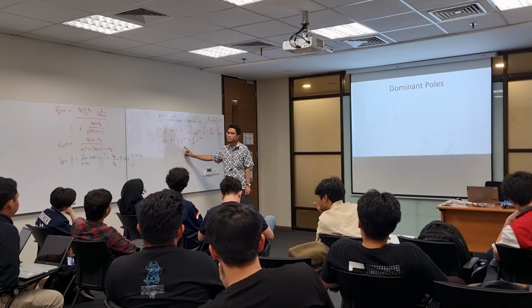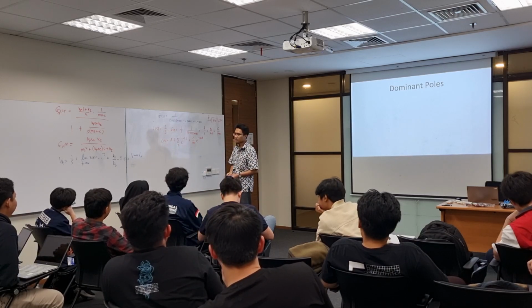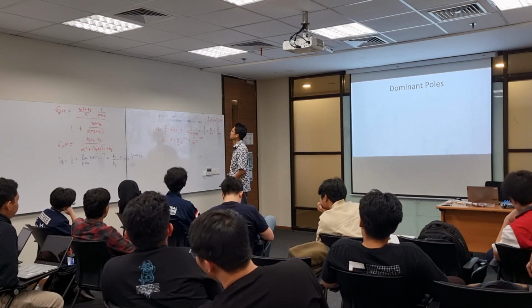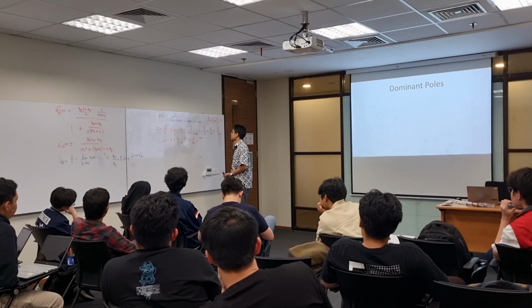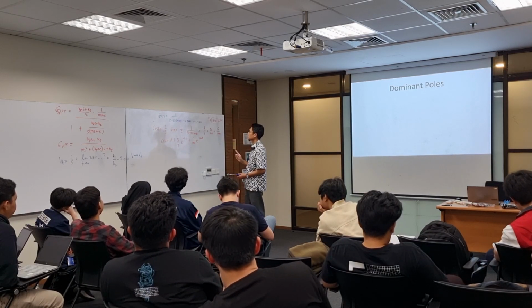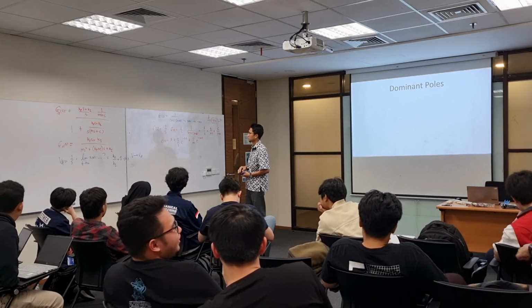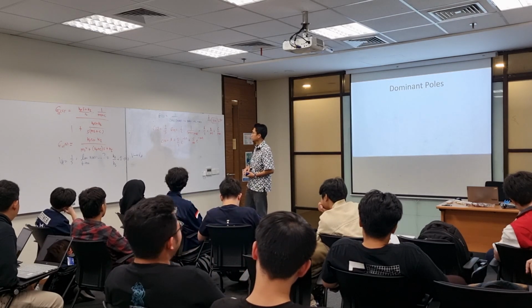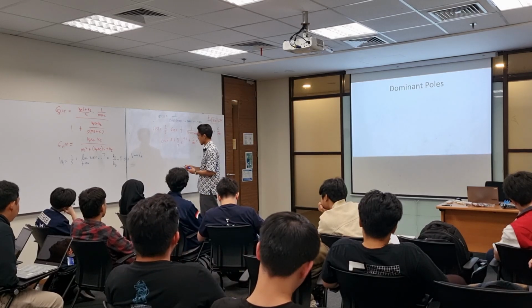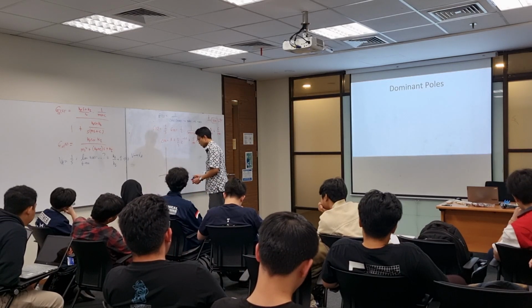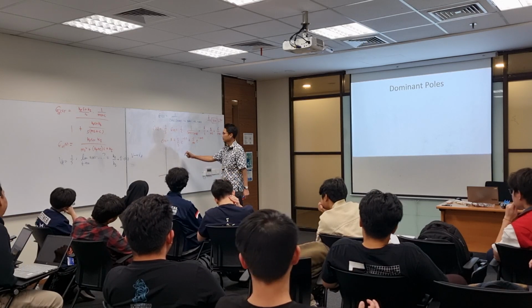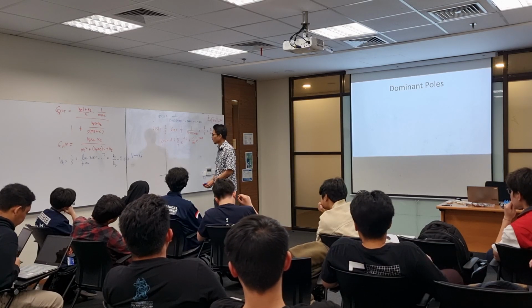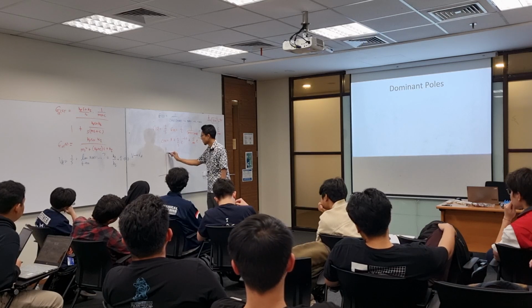How do we plot this? So if we plot this, we start with A. The value is A, like this.